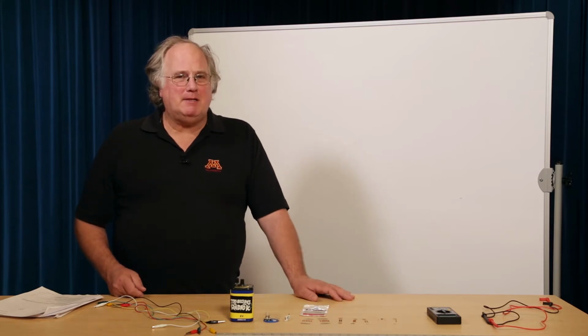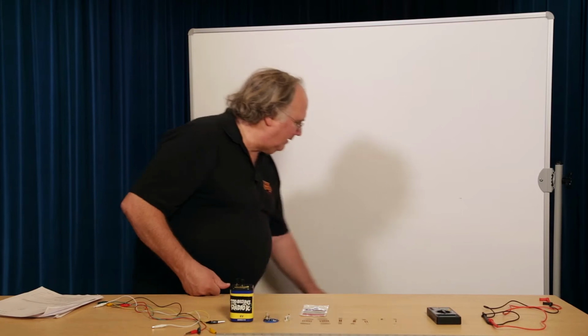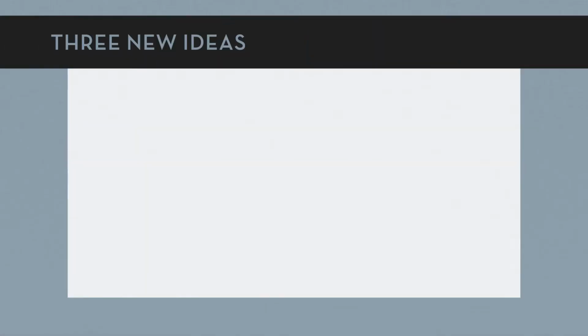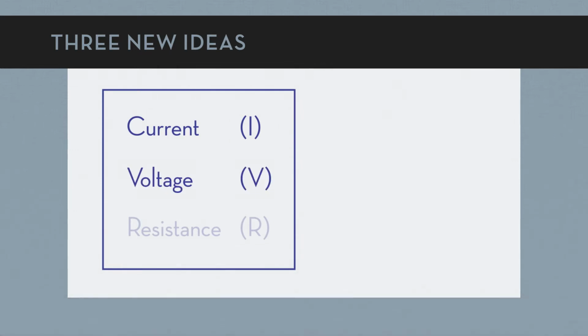Circuits are basically about three new ideas, and these three ideas are current, voltage, and then they have resistance. Current is usually known as I for reasons I don't know.